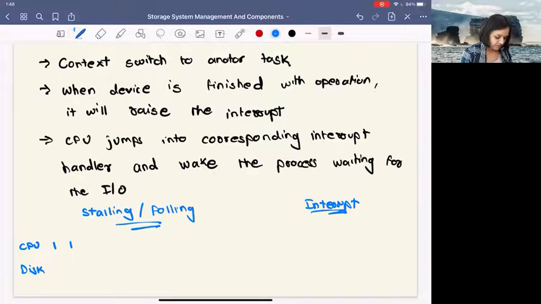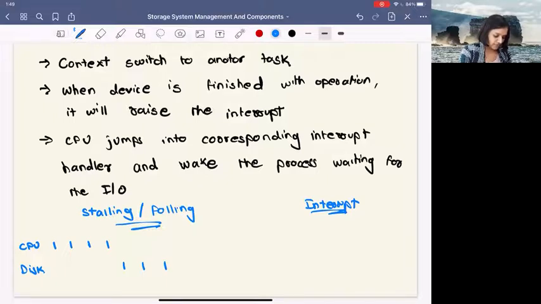So the CPU is processing something, making some progress with process one in these first 4 seconds. And then now it needs some data, so maybe it's waiting for a read. In order to read, the disk is now processing something. Let's say that the disk takes 3 seconds to give that data to the CPU, or in order to fetch the data from the disk, it takes 3 seconds.